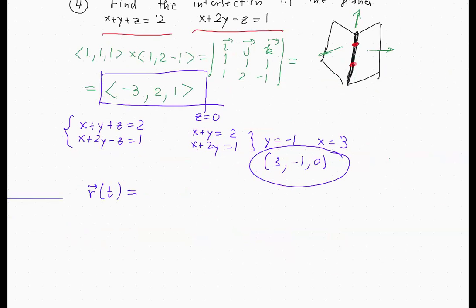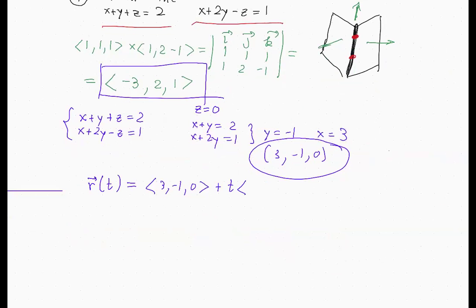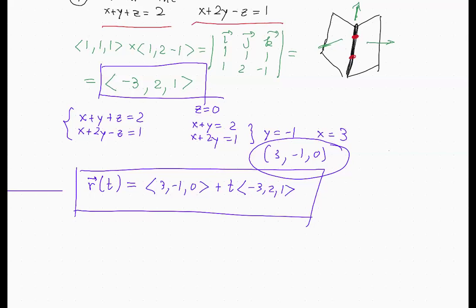And then you add to it t times negative 3, 2, 1, which is the standard way of producing the equation of a line. If you want, you can also rewrite this as 3 minus 3t, negative 1 plus 2t, and t. And that's the equation of your line.